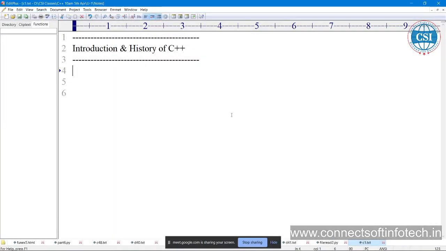Introduction and history of C++. Let us take some history. In the history, we are going to see what programming languages existed before C++.